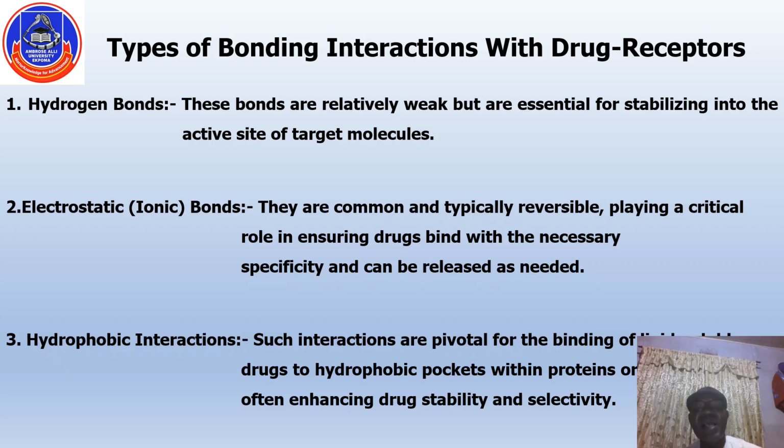They help to stabilize the molecules, such as you have in the DNA. Electrostatic bonds are common and typically reversible, playing a critical role in ensuring drugs bind with the necessary specificity and can be released when needed.